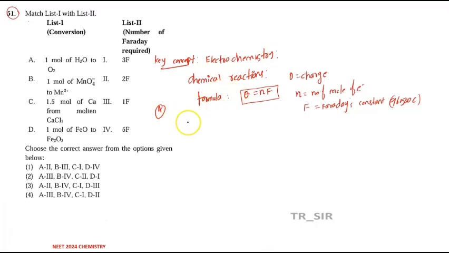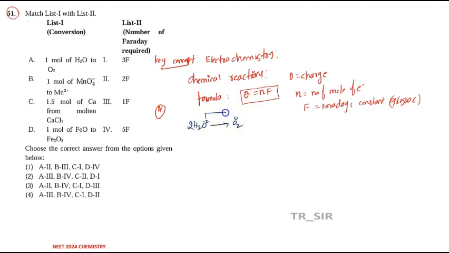Now we'll see what statement A is talking about. Statement A is the conversion of 1 mole of H2O to O2. Let us take H2O converting into O2. Here the oxidation state of oxygen is -2, here 0. If I take this as 2 moles, the number of oxygens will be balanced, 2 oxygens here and 2 oxygens here. In water, oxygen state is -2, and in O2 form the state will be 0.